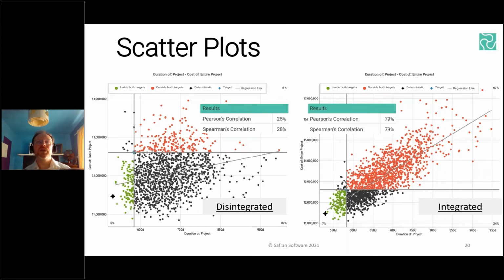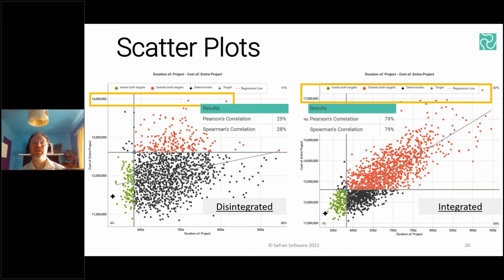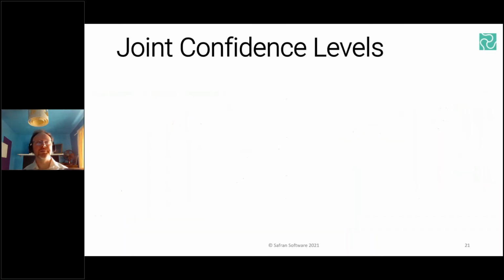The closer you get to 100%, the closer you are to a one-to-one relationship between the two selected variables being measured. But we can also see that the cost axis, worst case, has now jumped from 14 million to 17.5 million pounds. So the feedback loops are kicking in as appropriate and prolongation costs are being accounted for.